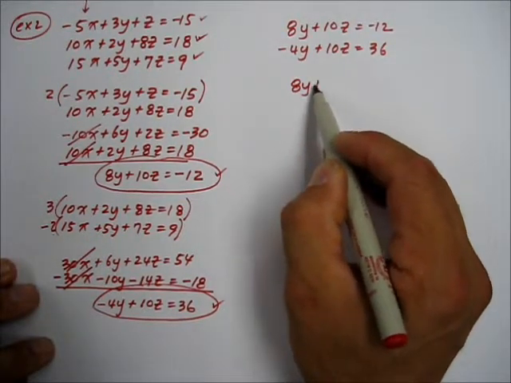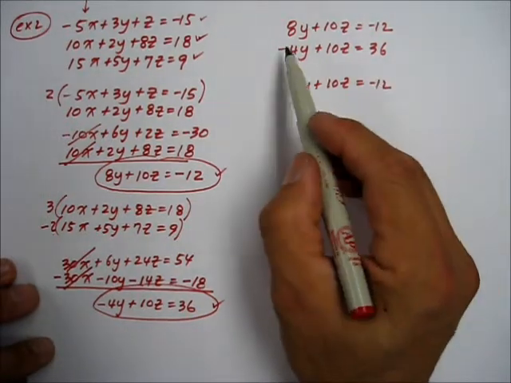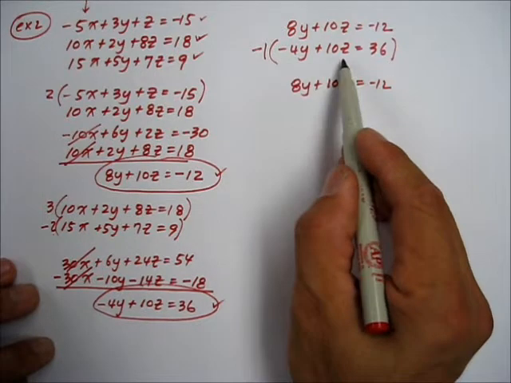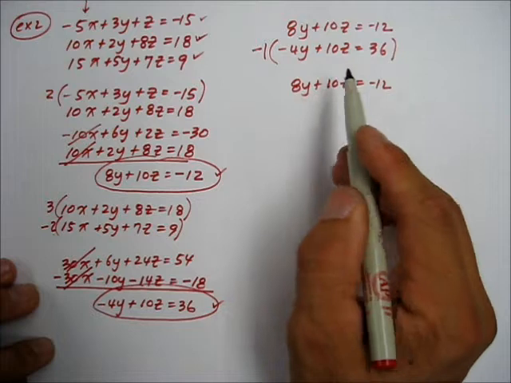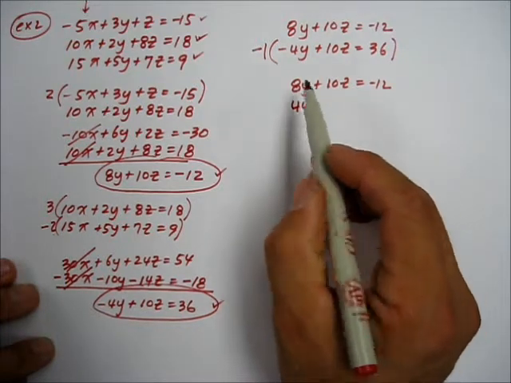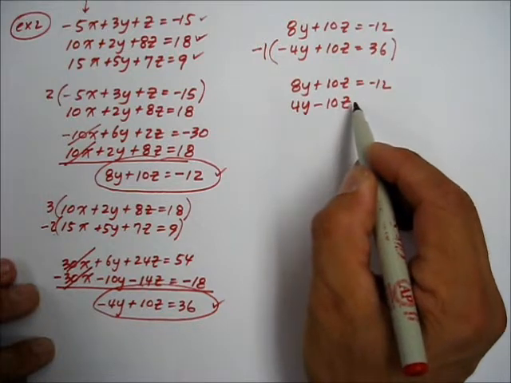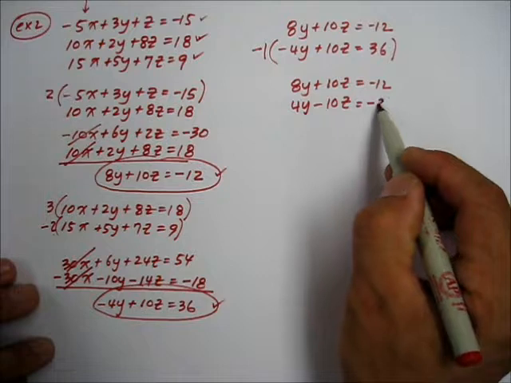So why don't I keep the original first one and make the second one into a negative by multiplying negative 1 to the whole equation. As a result, negative 1 times negative 4y is positive 4y. Negative 1 times 10z is negative 10z. And negative 1 times positive 36 becomes negative 36.